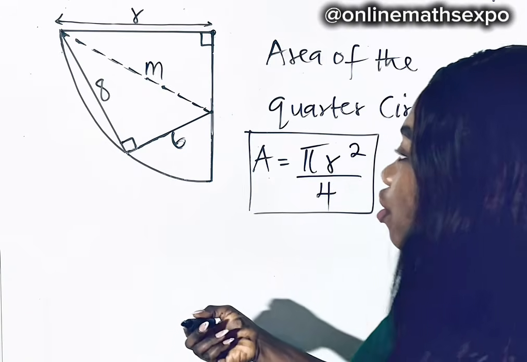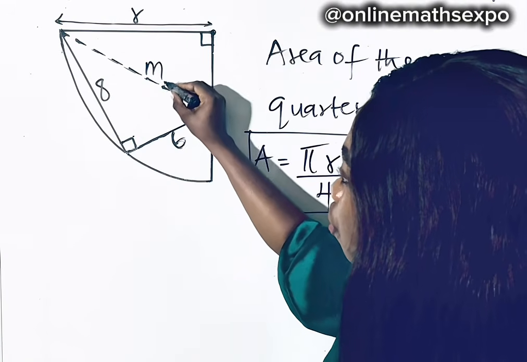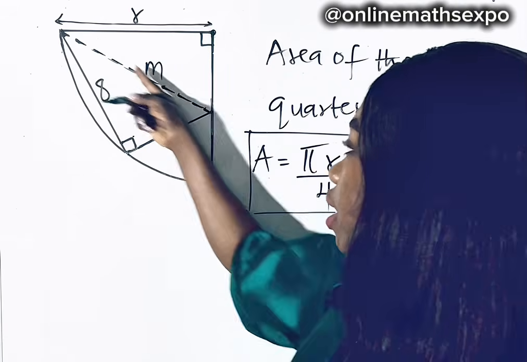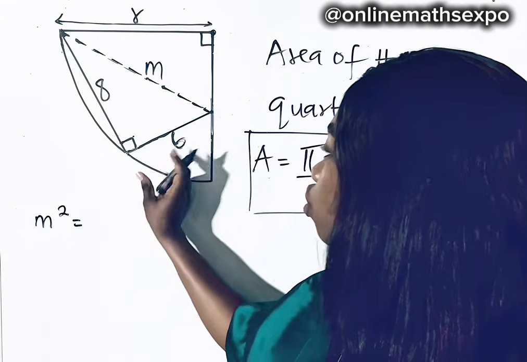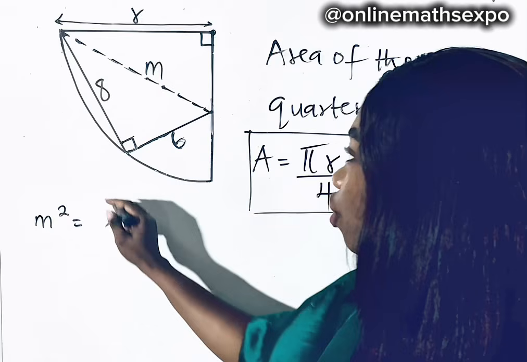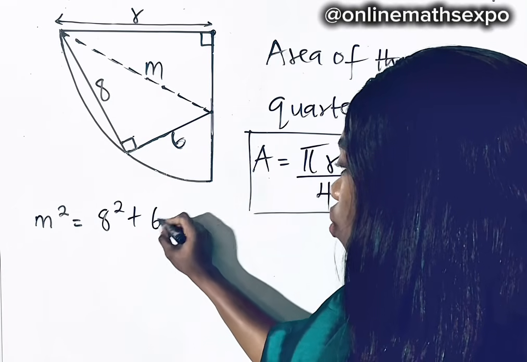The side opposite the right angle is the longest side. So m squared is equal to the squares of the two legs: 8 squared plus 6 squared.